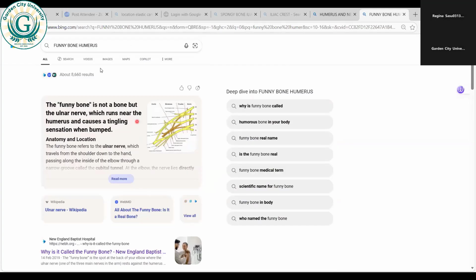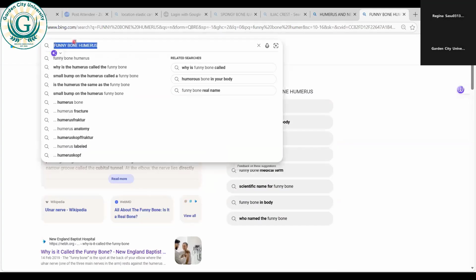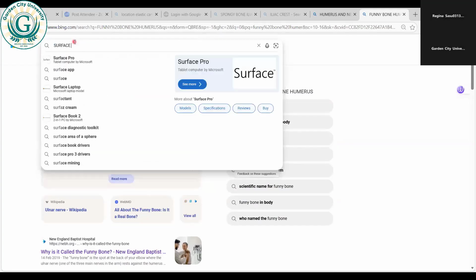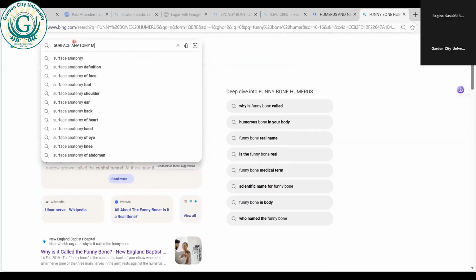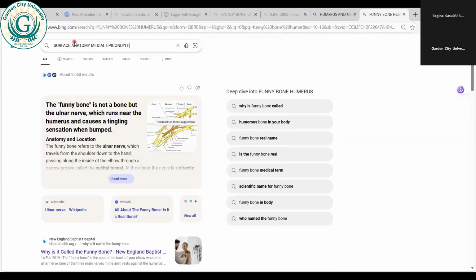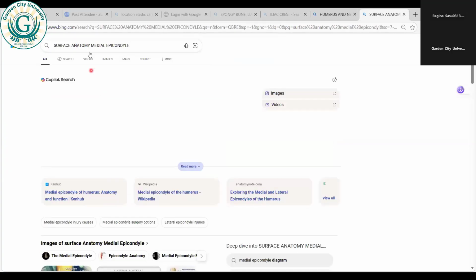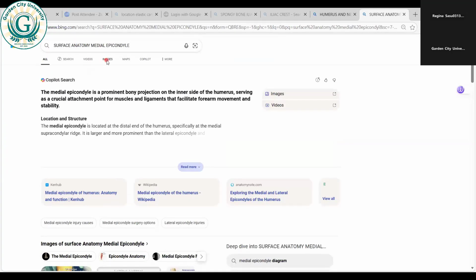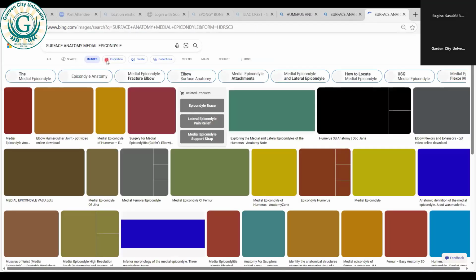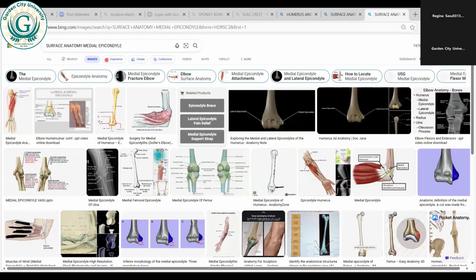I showed you a surface anatomy of the medial epicondyle. I just want to show you a surface anatomy of the medial epicondyle. Okay, so this is better.